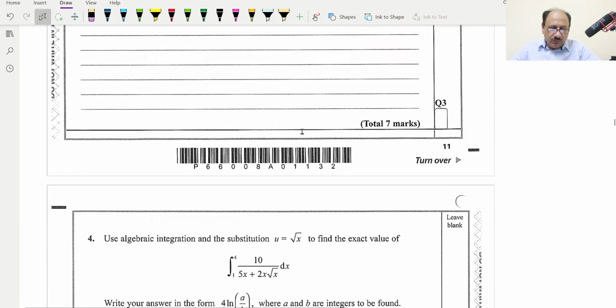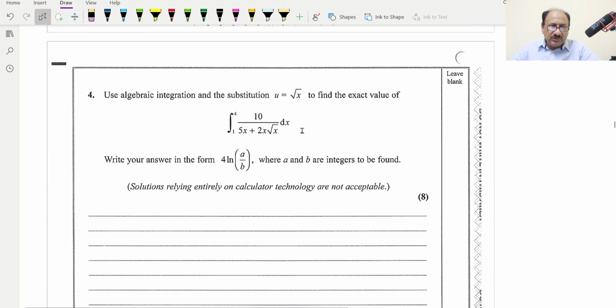Now we can move to question number 4. In question number 4 we have to use algebraic integration and the substitution u is equal to under root x to find the exact value of this integral. Write your answer in the form 4 log a over b, where a and b are integers to be found.